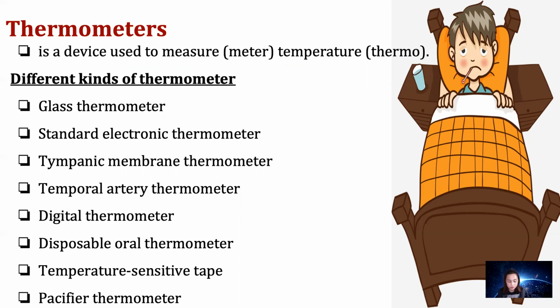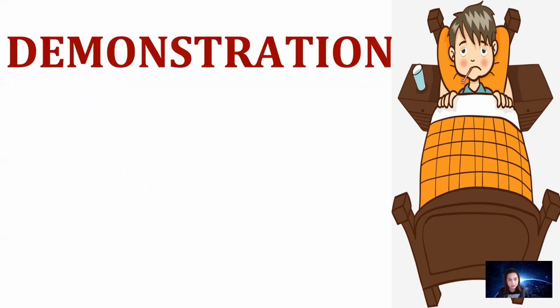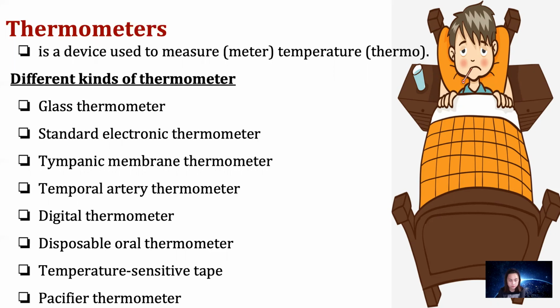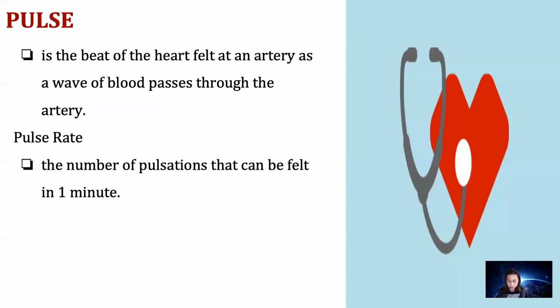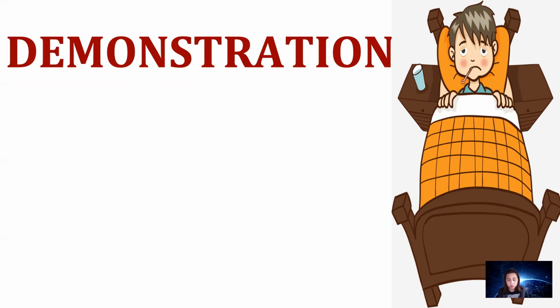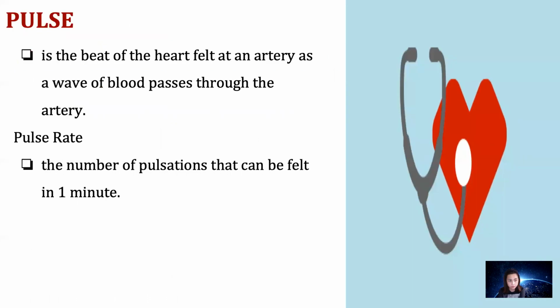This is the device which is used to check the temperature. So we have different kinds of thermometer. We have the glass, the standard, tympanic, temporal, digital, disposable, and pacifier. So later on, I will upload also the demonstration on how to check temperature.